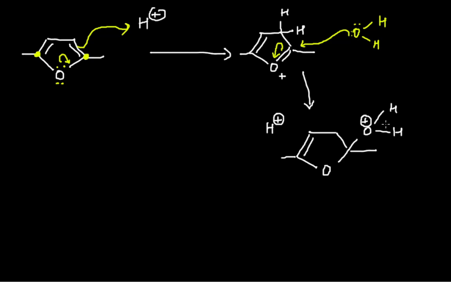The OH bond falls back to give you a C double bond O. This C-O bond falls this side and the double bond attacks the proton.